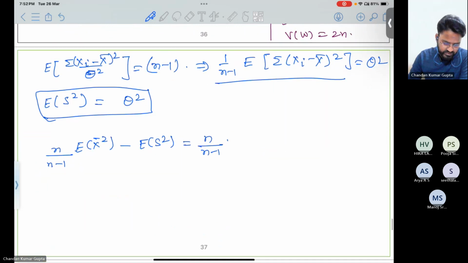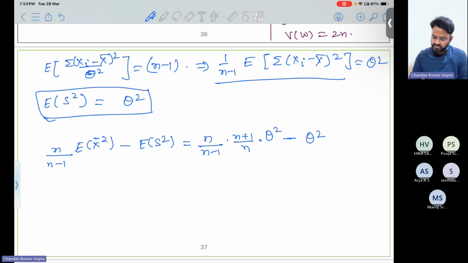So we may write it like this, n plus 1 by n and then theta square minus theta square. So it comes out to be n upon n minus 1 and plus 1 upon n.